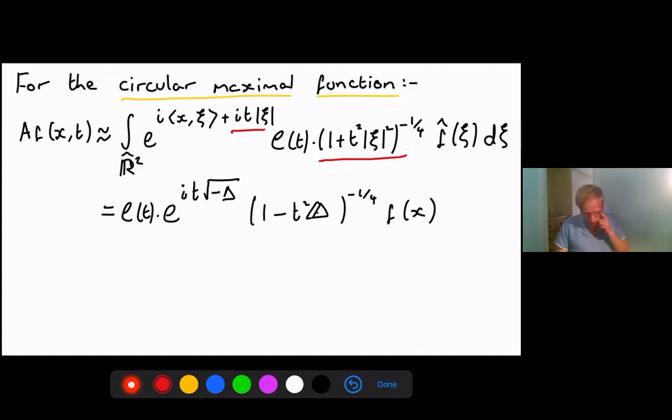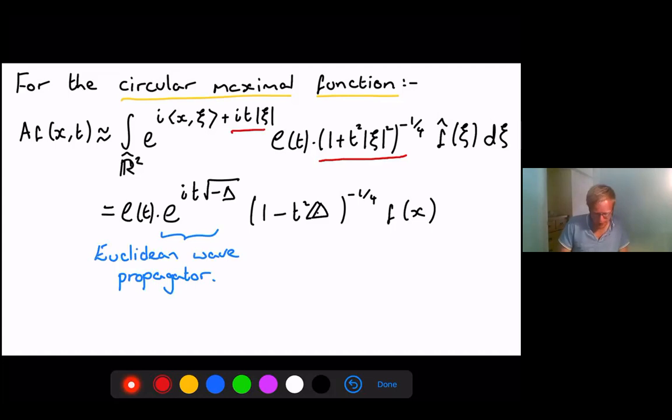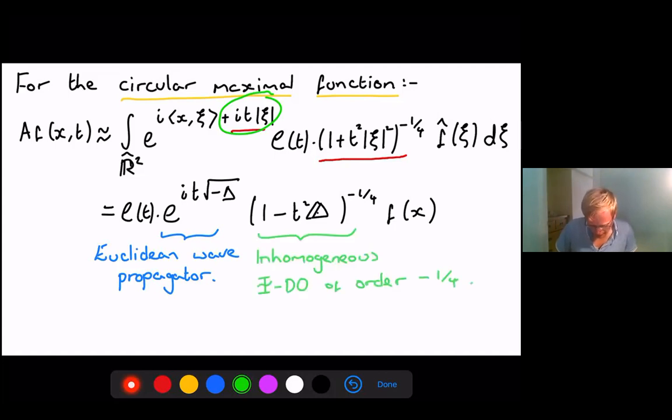If you've got a sharp eye, you can see that this can be written in terms of some well-studied operators. In particular, this oscillatory term corresponds to the multiplier of the Euclidean wave or half-wave propagator. And then we have the decay term, which is just some inhomogeneous pseudo-differential operator.